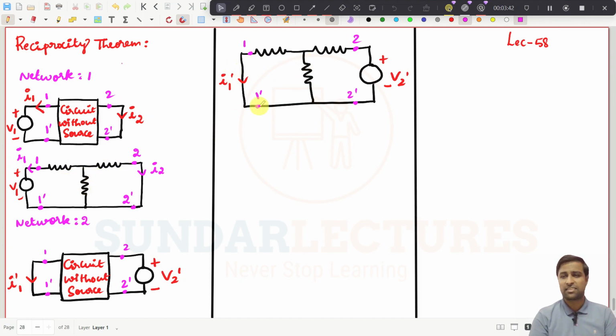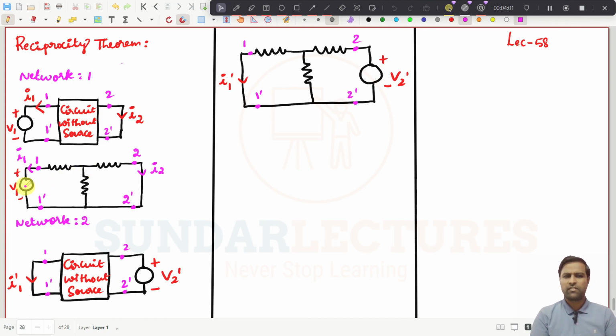I have not written any resistance values here, but to understand I have just written these kinds of diagrams. So the voltage source is at this point, and I have short circuited this place. In the second network I have short circuited this place and placed the voltage here.